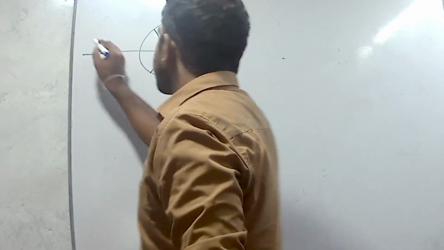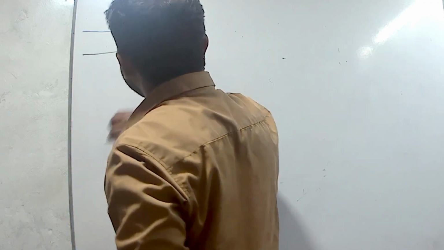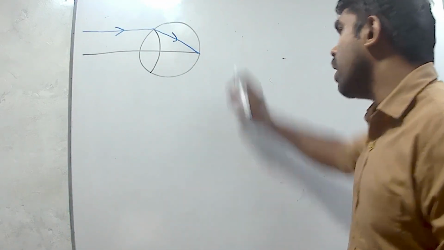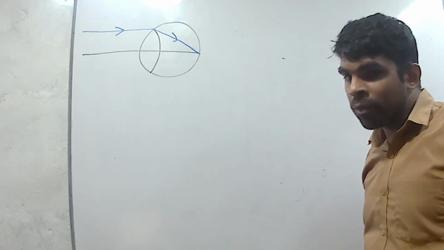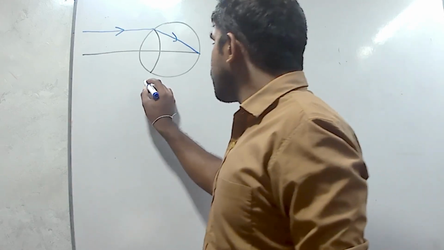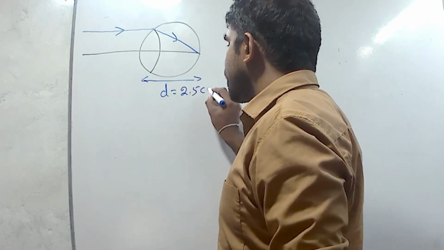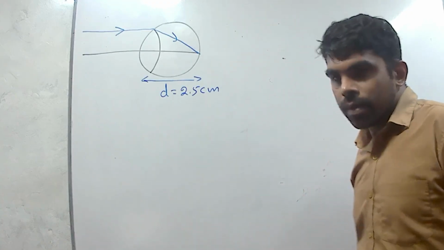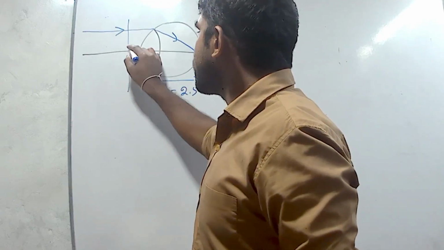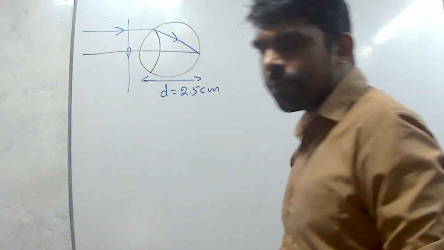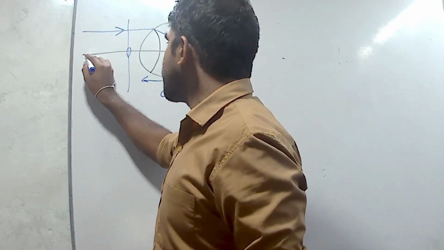It means rays parallel to the main axis are met at the maximum focal length. It means the diameter of the eyeball is given as 2.5 centimeters. Now he has to use spectacles to see an object at 25 centimeters.